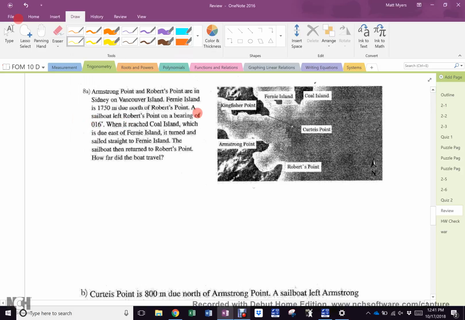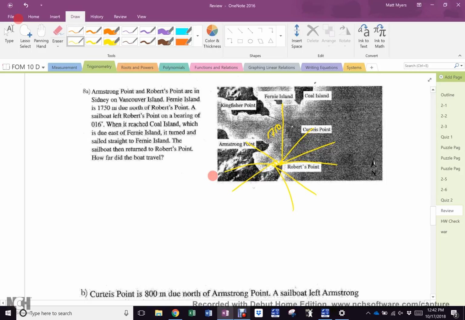The question says the sailboat leaves Roberts Point, right there, right? And we know that Roberts Point is exactly north of Fernie, 1,750 meters from Fernie Island, yeah? Now, the dude sailed away from Roberts Point. He could have sailed in any of these directions, yes?